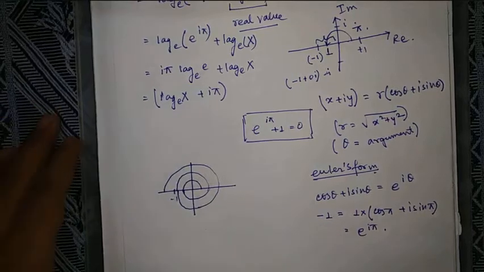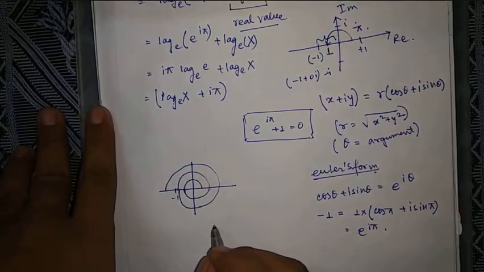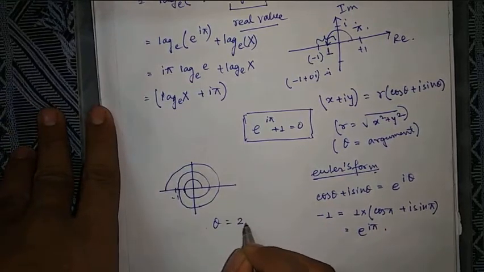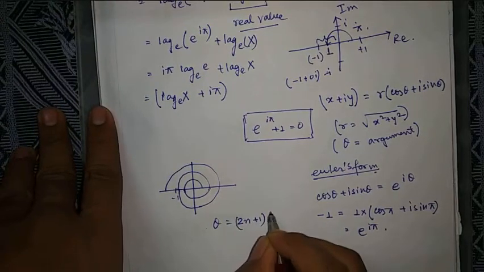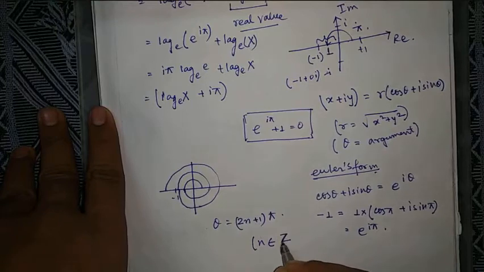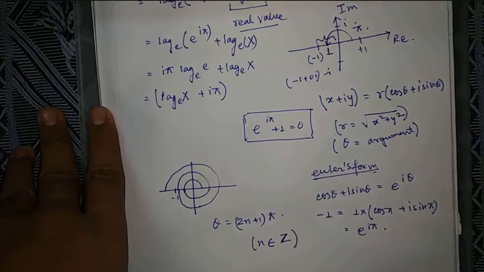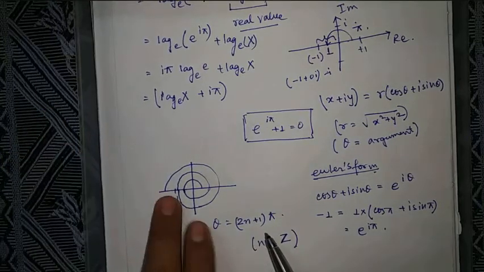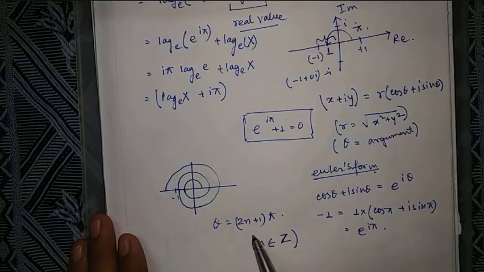So the general argument here will be theta equal to 2n plus 1 times pi, where n belongs to the whole numbers, because if you put n equal to 0, the argument is going to be pi. If you put n equal to 1, the argument is going to be 3 pi.